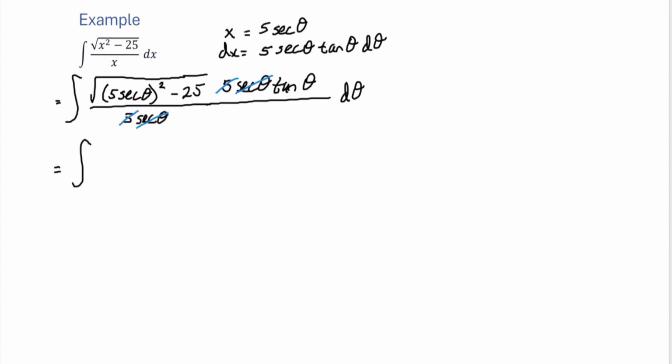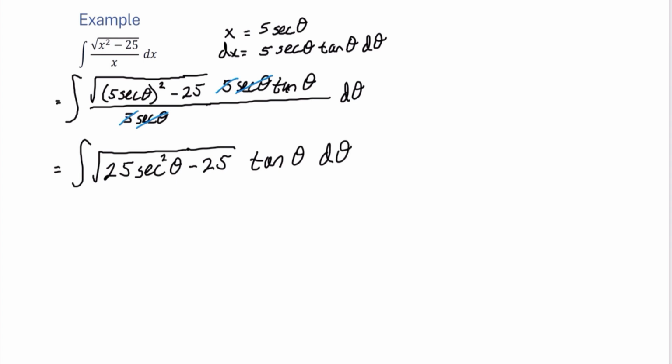Simplifying under the radical, we get 25 secant squared theta minus 25, and then we still have tangent theta d theta. Remember, our ultimate goal is to have a perfect square under the radical, so let's start by simplifying that.